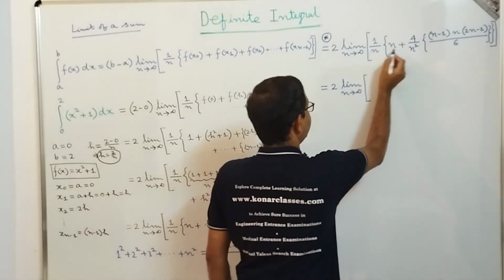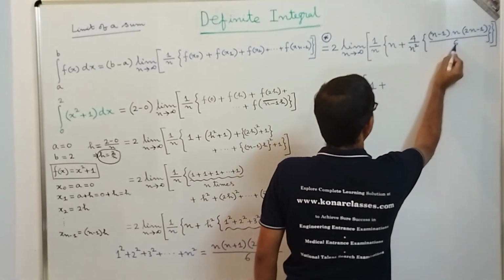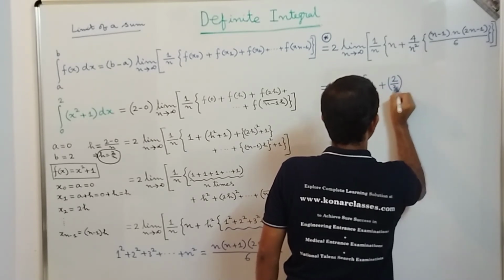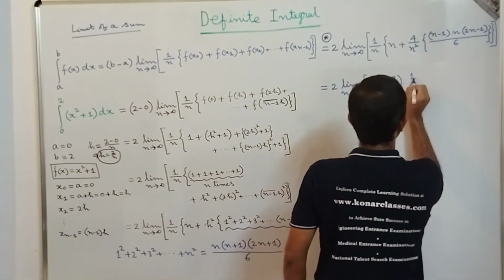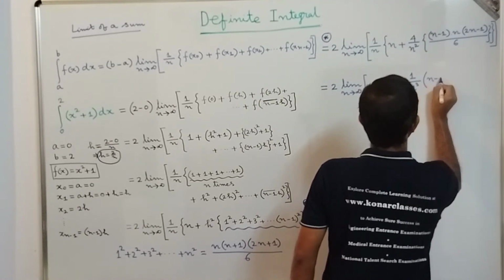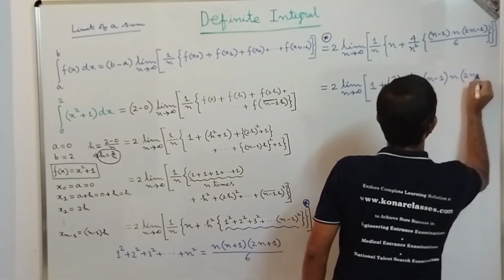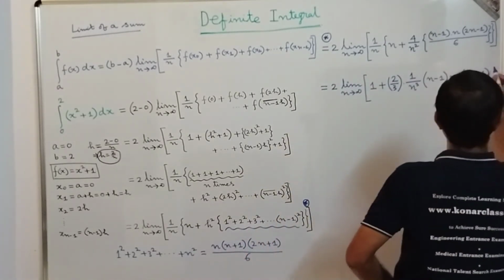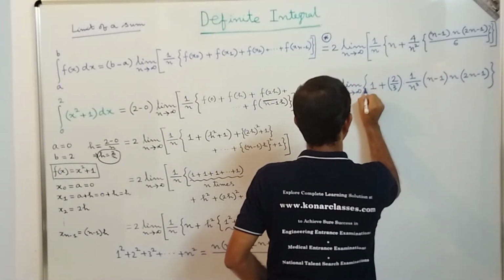So 1 by n into n is equal to 1, plus 4 by 6, which means 2 by 3, so we make 2 by 3 separate, into 1 by n into 1 by n square, that means 1 by n cube, into n minus 1 into n into 2n minus 1. Correct? So here the second bracket is sufficient.